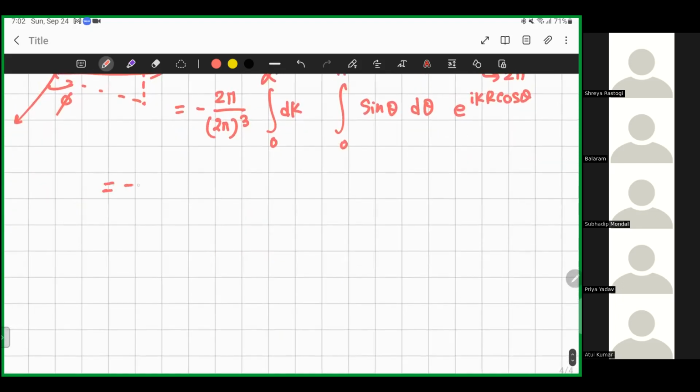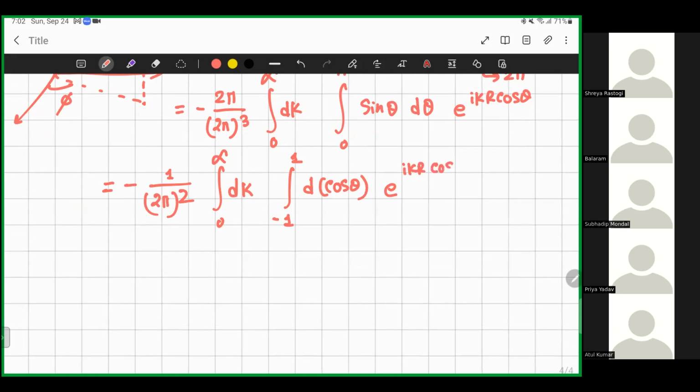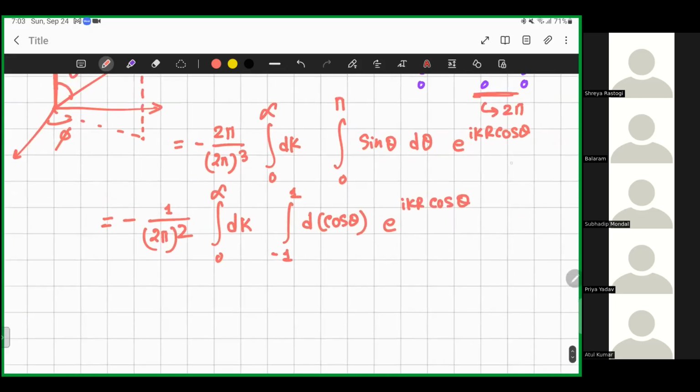So it will be minus 1 by 2 pi square, integration 0 to infinity dk. Here we can write it as d of cos theta, e to the power i k r cos theta. I shift the variable from d theta to d cos theta.